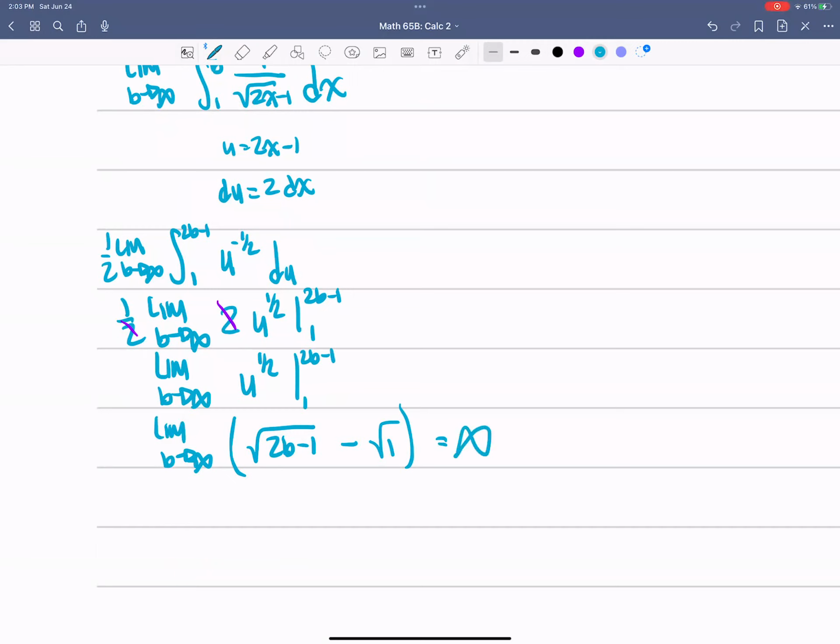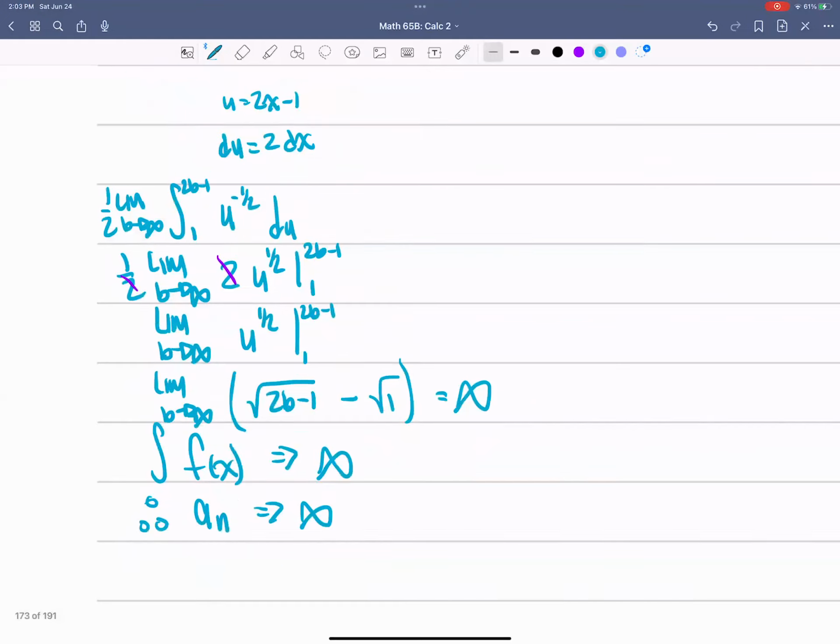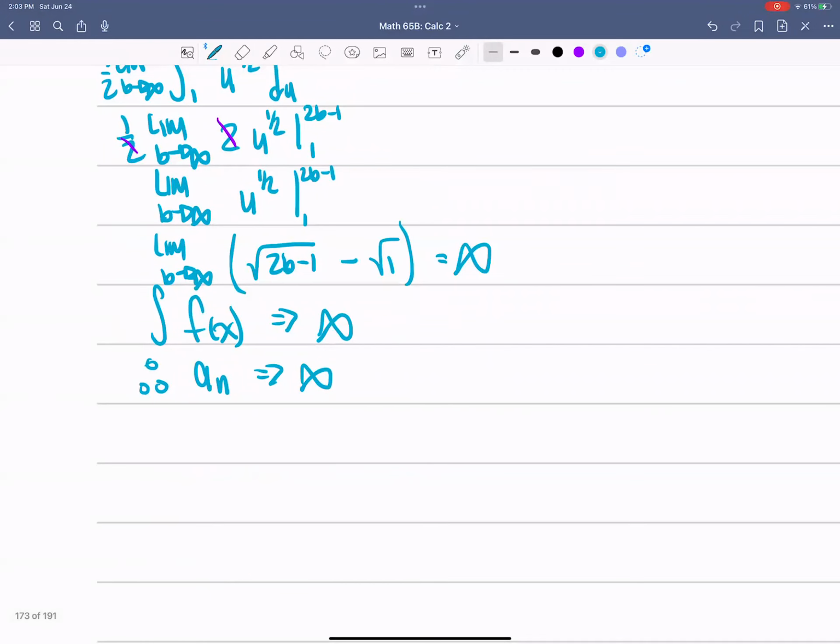So since the integral of f of x approaches infinity, we would say that the sum of a sub n also approaches infinity. So a sub n diverges.